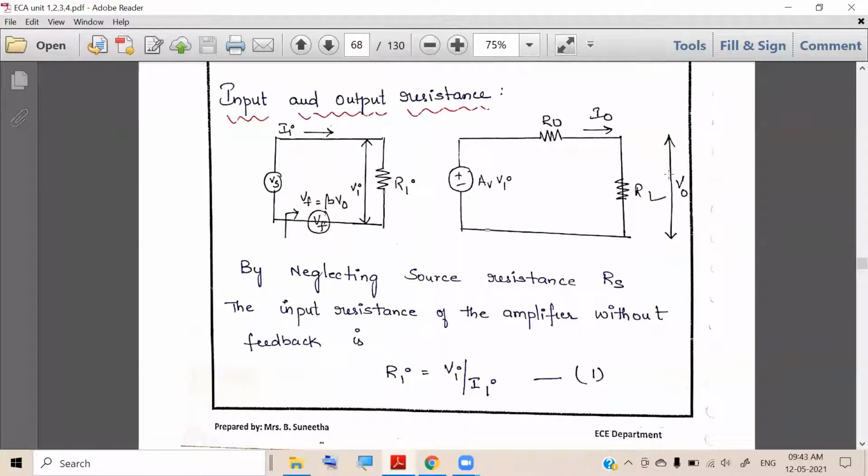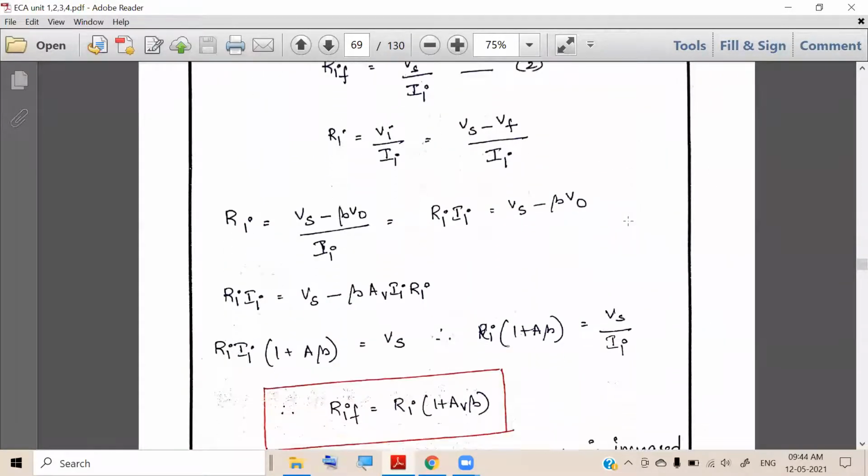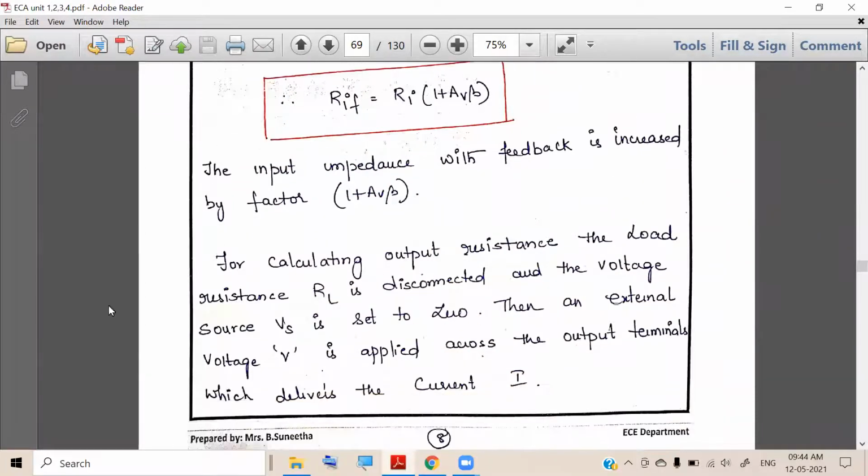That voltage source value divided by the current drawn from the output terminals gives the output resistance. So the same rules are mentioned here.